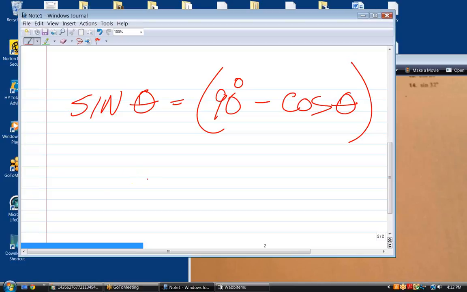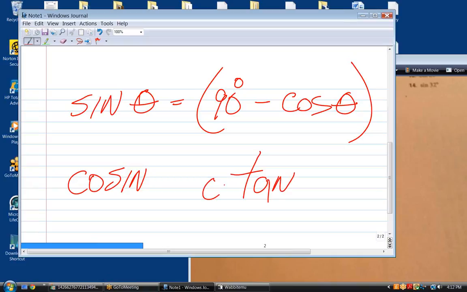Every trig function has a cofunction. And these are not the reciprocals that I was talking about. The reciprocals are the reciprocals. And it's true that every reciprocal pair has one co in the pair. But that's not the same as cofunctions. Cofunctions, you take the function and you stick a co in front of it. So sine becomes cosine. Tangent becomes cotangent.